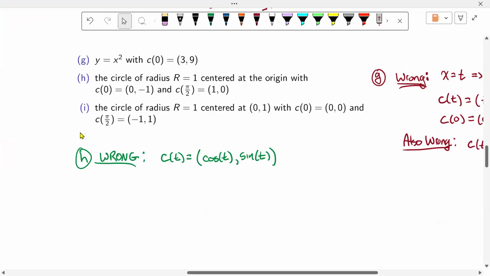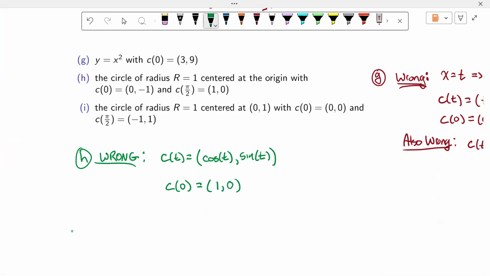Now, what's wrong with it? Well, the center's fine. It's centered at the origin. C of 0 is, well, what is C of 0 anyways? 1, 0. Oh no, I'm not supposed to get that.